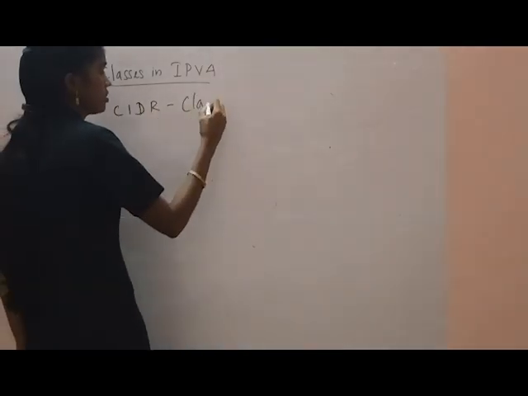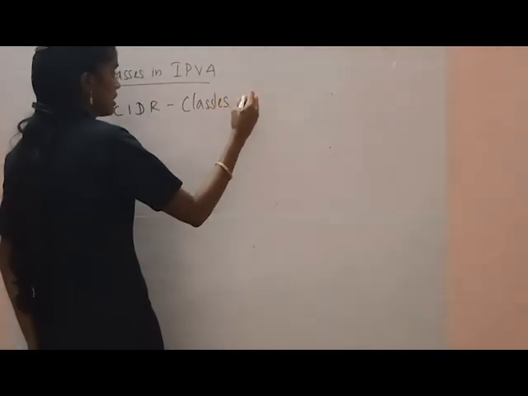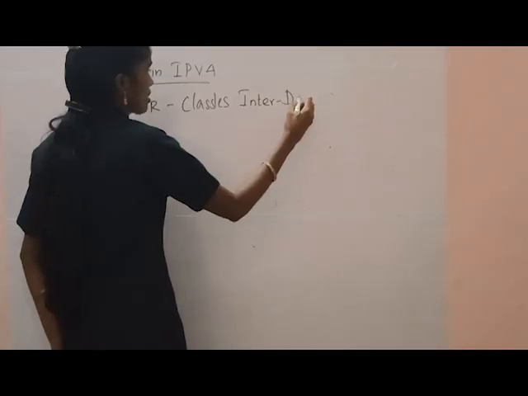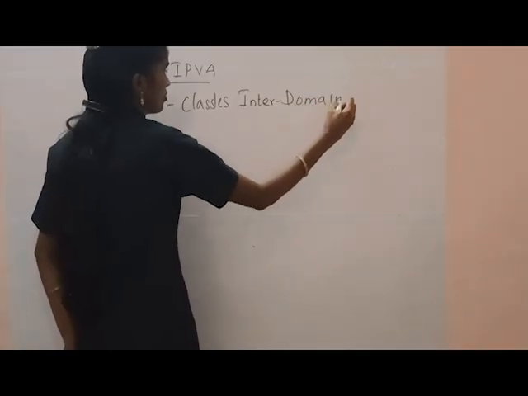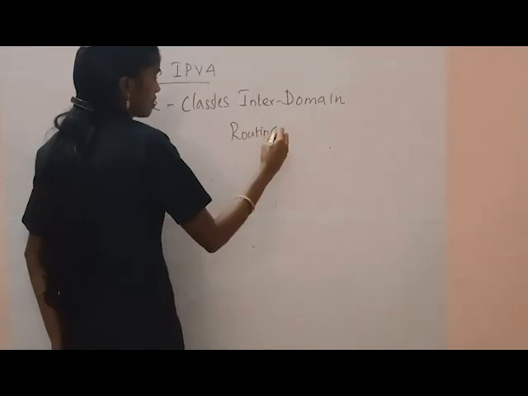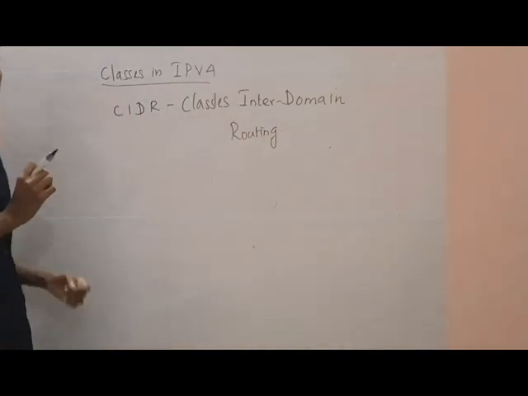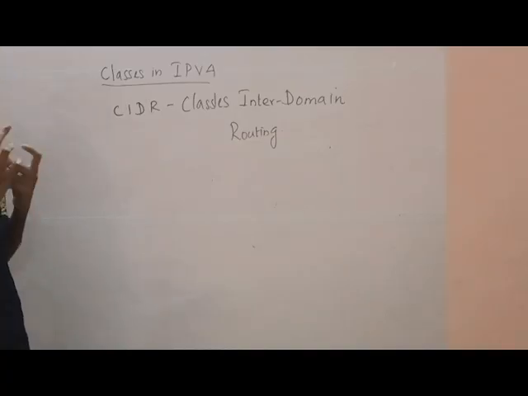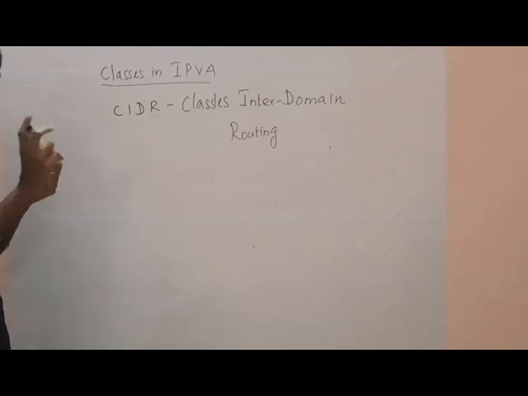This is called classless interdomain routing. So I previously told you the first 8 bits or first 16 bits or first 24 bits occupy the net ID. The remaining will be allocated to the host ID. I told you. Then what is that fixation?